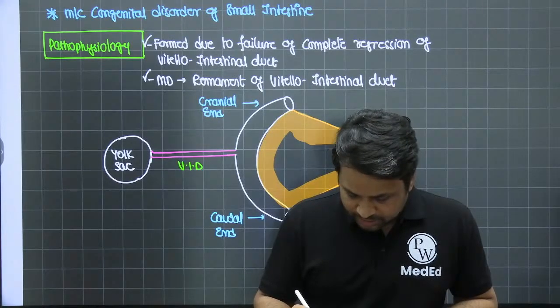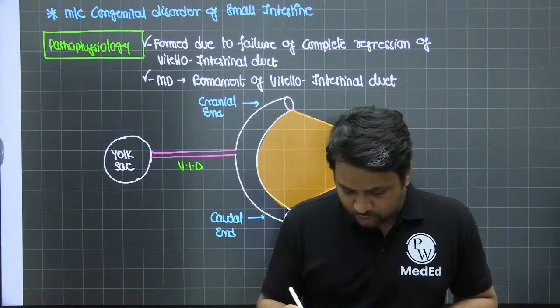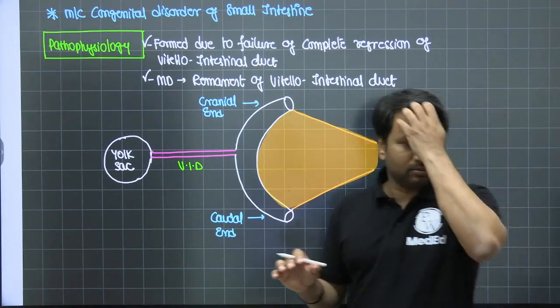So the vitelo-intestinal duct attaches onto the antimesenteric border, not onto the mesenteric border. Just to be clear.